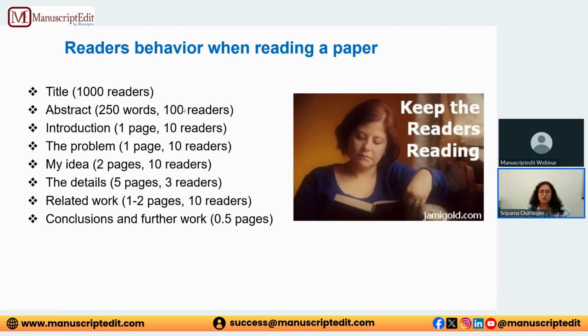If your introduction is 1 page, 10 readers. If the problem is 1 page, 10 readers. If your idea is say 2 pages, 10 readers. And if your details are 5 pages, then drastically your readers come down to 3 readers. And your conclusion and further work, you will have very few people, 0.5 per page.